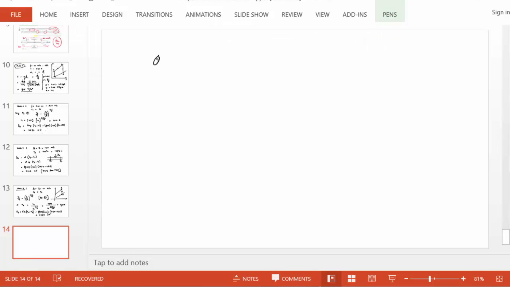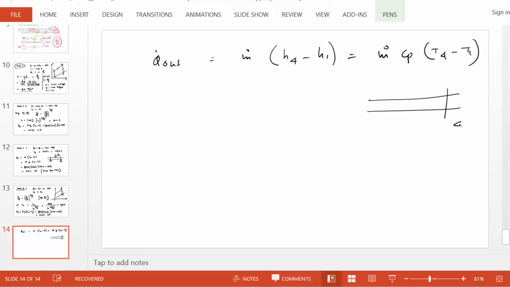Q dot out can be calculated from m dot, and h4 is bigger than h1, right? So you can intuitively write the formula. The amount of heat coming out of the heat exchanger: 4 is where the air is entering, 1 is where air is coming out, and heat is rejected.